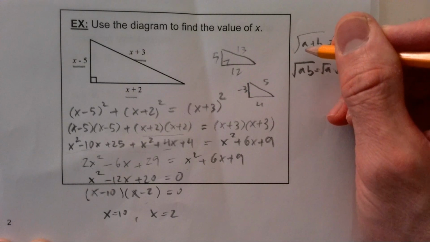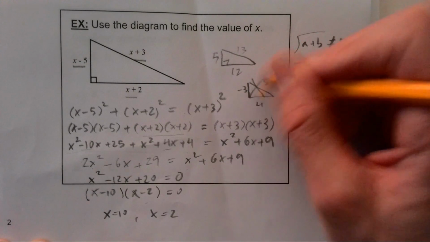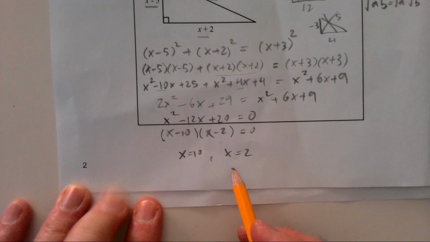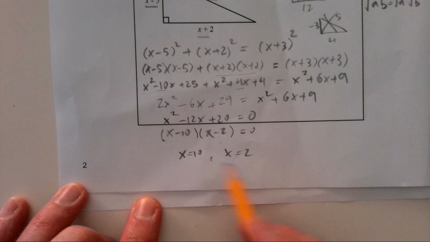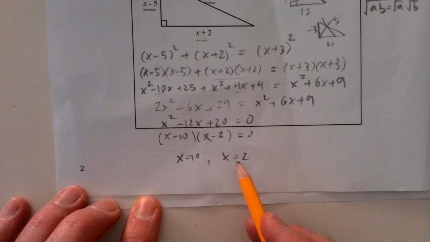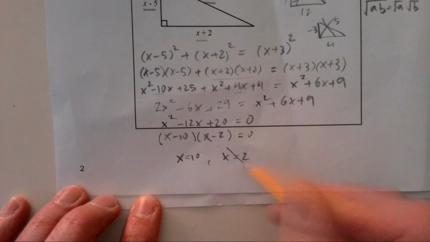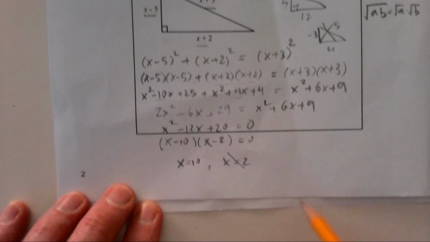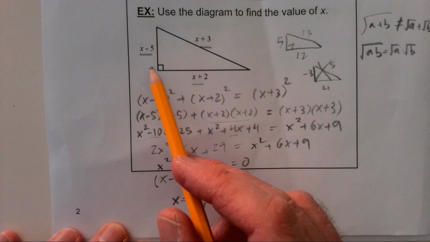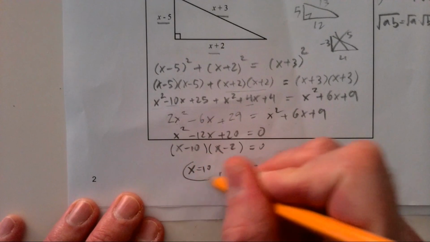Uh-oh, that's no good, because we're not supposed to have negative length. So this is going to boggle some minds, but just because we get positive answers doesn't mean that they're good answers. And also, when we get negative answers, that doesn't mean that they're bad answers. This one we're going to throw out because it does not produce acceptable measurements. This one will keep.